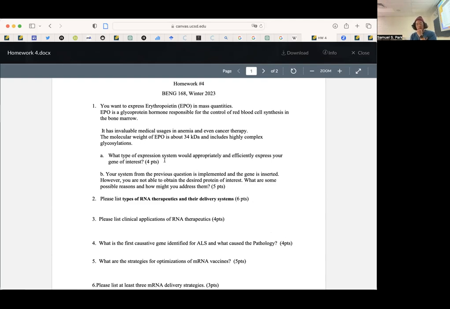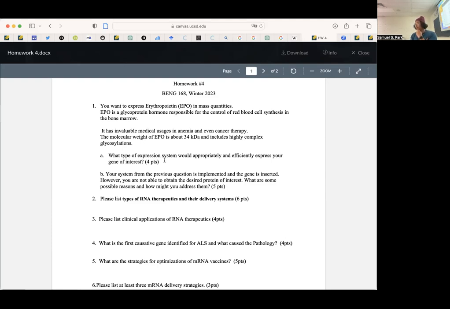I want to see my gene of interest. Sugar. Is expression system something like a fungi? Yeah, expression system, it is a little bit ambiguous.